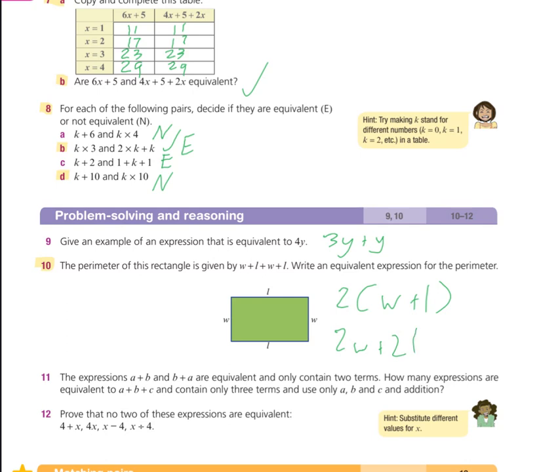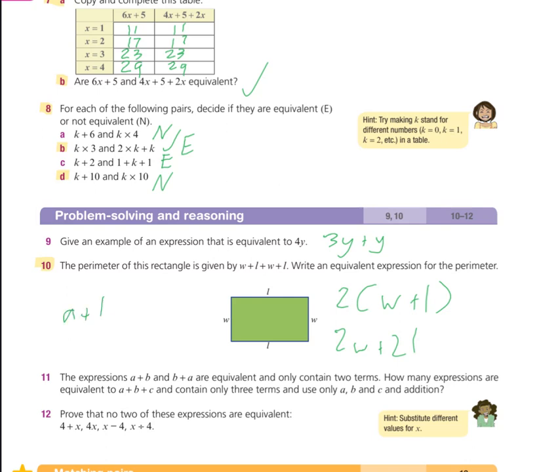All right, the expressions a plus b and b plus a are equivalent and only contain 2 terms. How many expressions are equivalent to a plus b plus c and contain only 3 terms and use only a, b and c and addition? I guess there would be a number of different ways that you could put it in order.